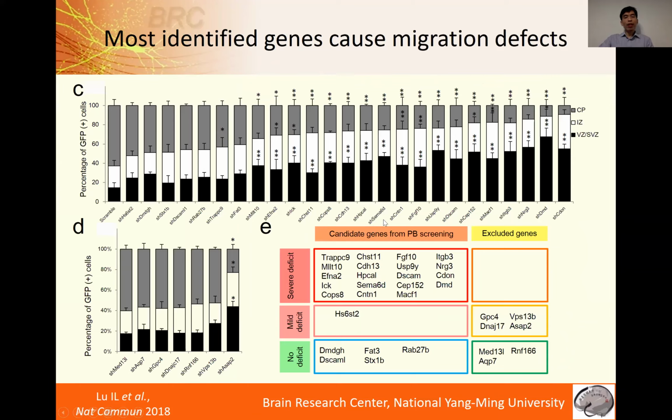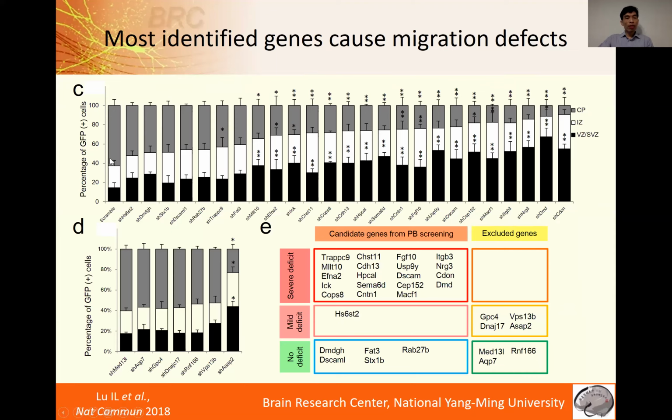So we tested almost all of these potential candidates. We found that at least about two-thirds of these genes, when we knock them down, you get an arrest or at least some delay in neurons redistributing to the cortex. This black bar is the cells still in the VZ and SVZ, and the gray bar is in the cortex.